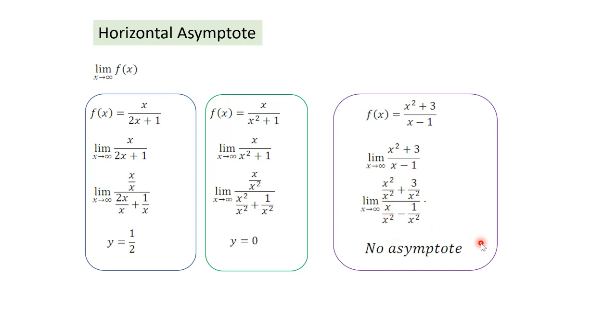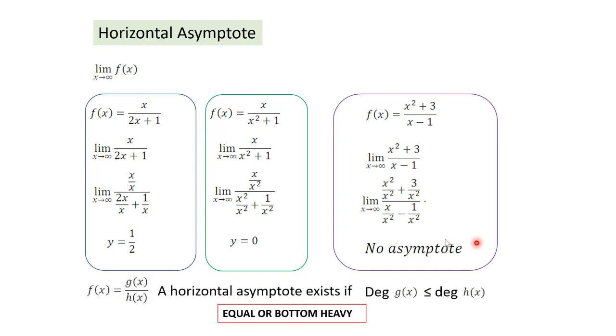So in summary, you are going to get a horizontal asymptote if the degree is equal top and bottom, or if your fraction is bottom heavy. If it's equal, it is always the ratio of the coefficients of the highest degree, or if it's bottom heavy, it's always y equals 0.